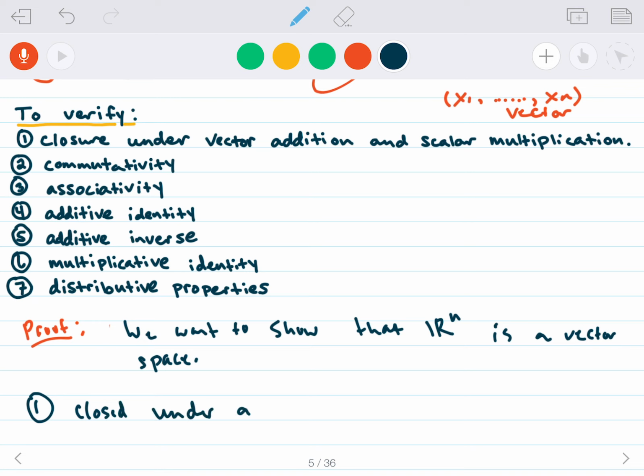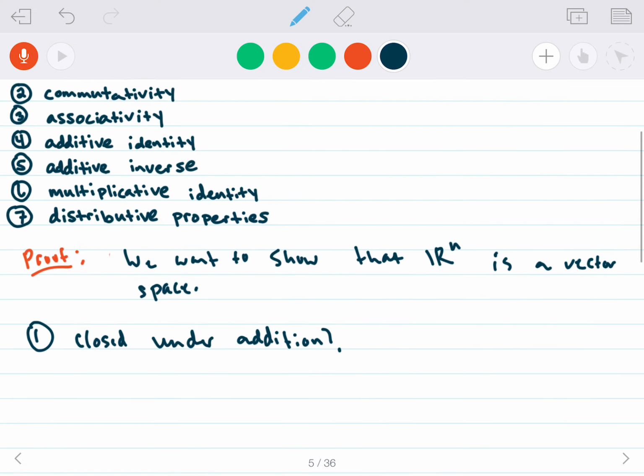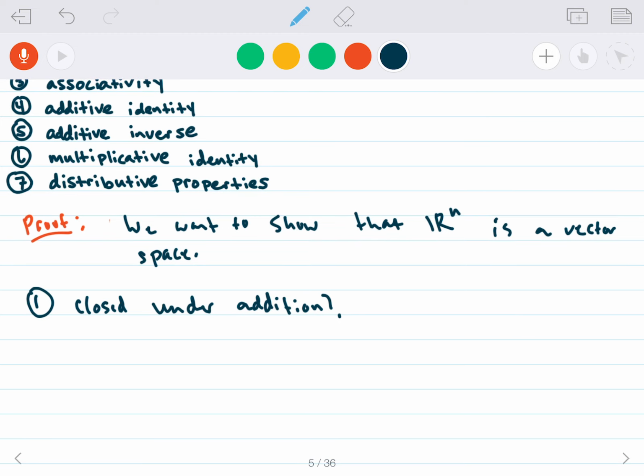We need to verify that. I'm not going to go through every one of these, but I'll go through most of them just to show you how this goes. So closed under addition. How do you show that Rn is closed under addition? Well, you want to start by introducing 2 arbitrary vectors in Rn, and show that their sum is going to be in Rn as well.